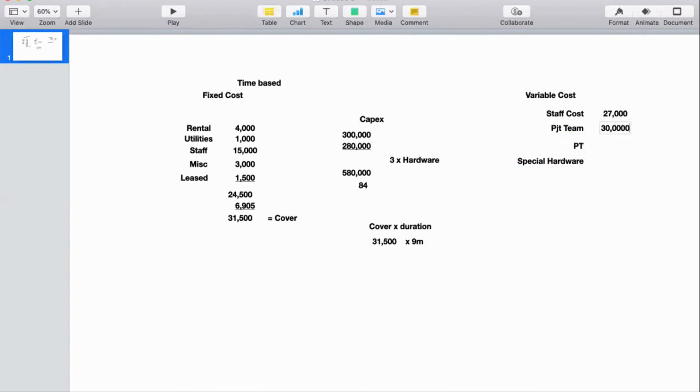It's a big project. And my part-time cost is maybe also 30,000. My special one-off hardware for the project is maybe 130,000. Now I calculate this first: 27, 30, 60, 87,000. So it's 87,000.